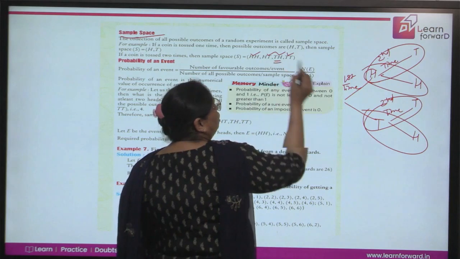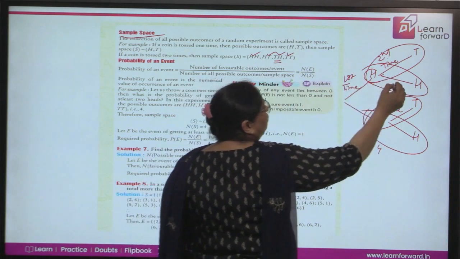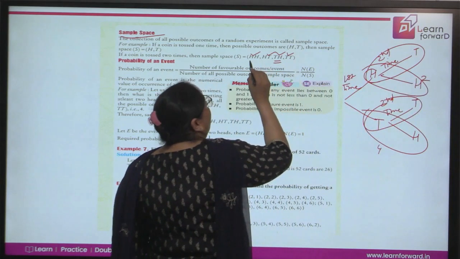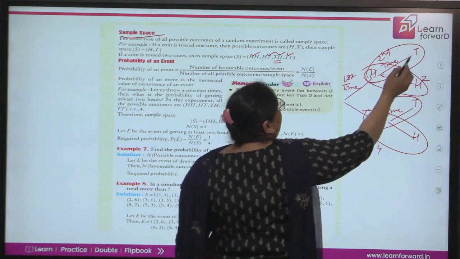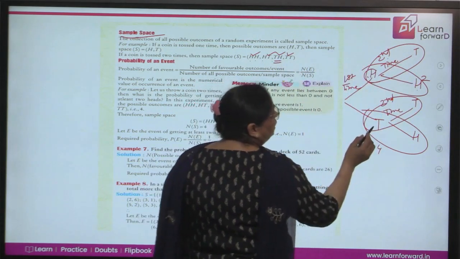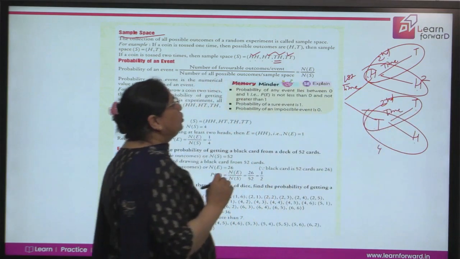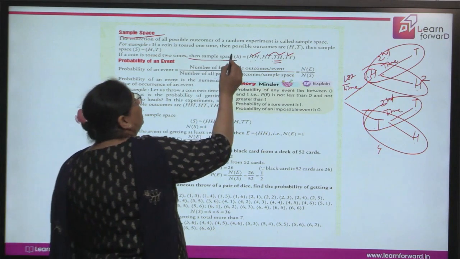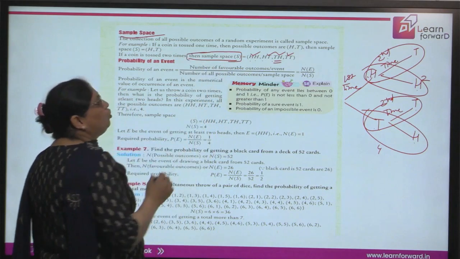Tail head is the fourth one. Head head is the first one, head tail is this one, tail head is this one, and tail tail is this one. So this represents the sample space if we toss the coin twice.